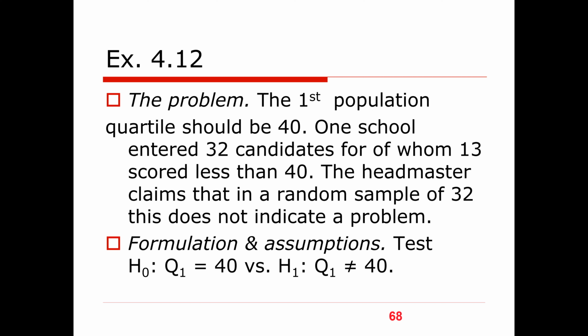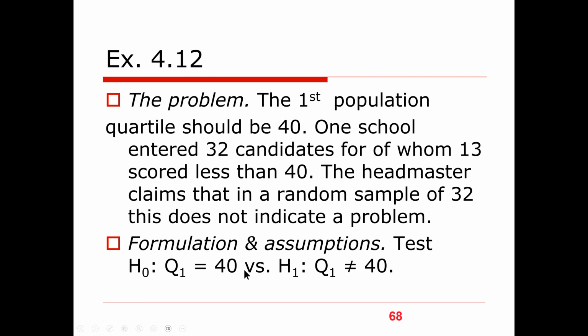So in this problem, the parameter to be tested is the first quartile, right? Because it says a quarter should be below 40. So the rate is 0.25. Or we use this formulation. We use Q1, Q2, Q3 to denote the first quartile, second quartile or median, and third quartile.